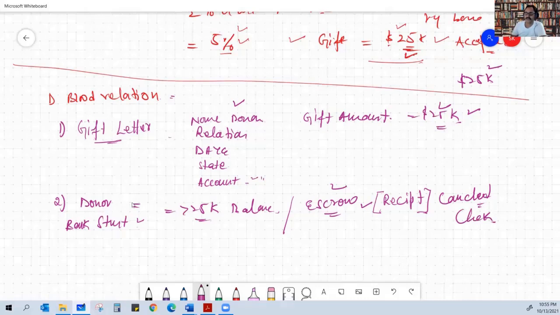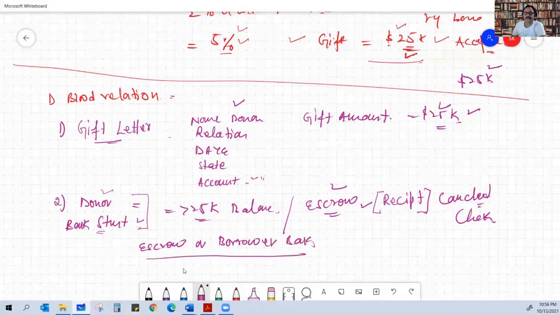Then if the donor is telling them, no, the money is in my account, here is my bank statement, I have it available, then we always need to add a condition that before closing, evidence needs to be provided that the donor's amount has been transferred, that the gift funds have been transferred to the escrow account or the borrower's bank.